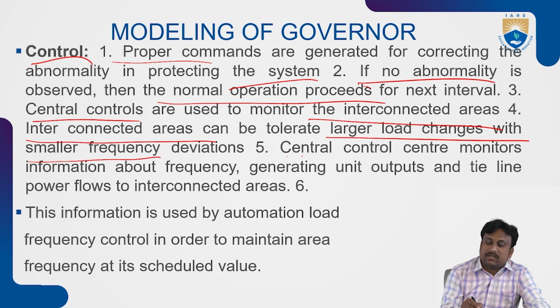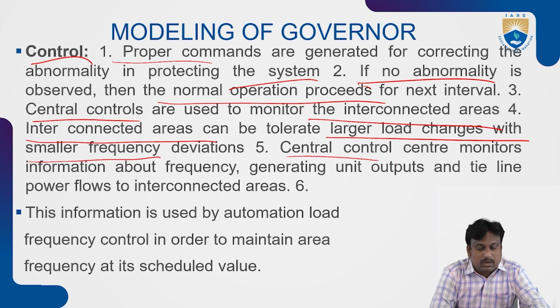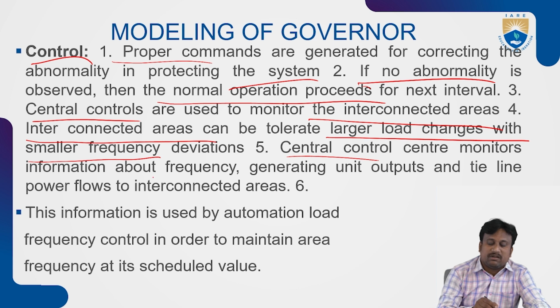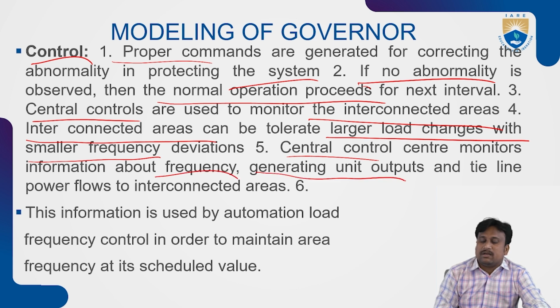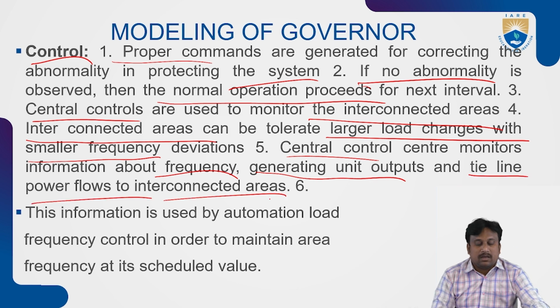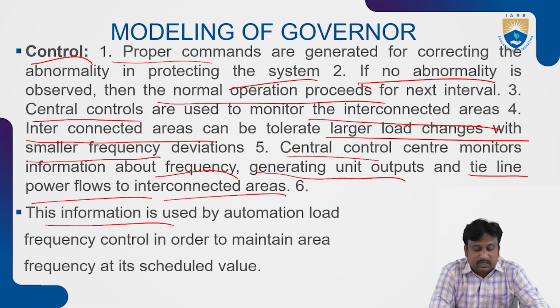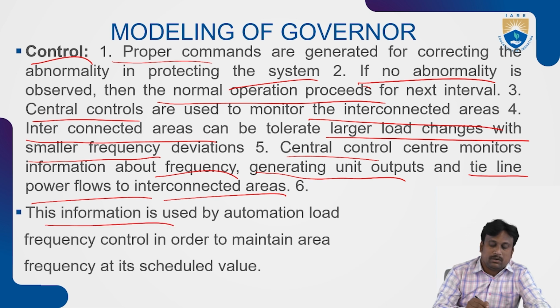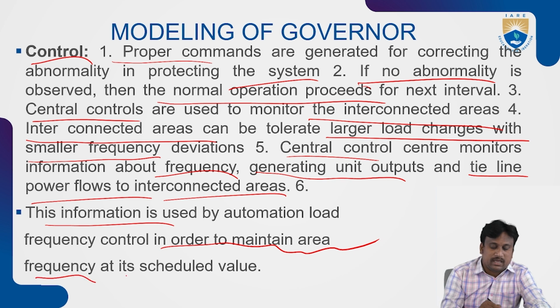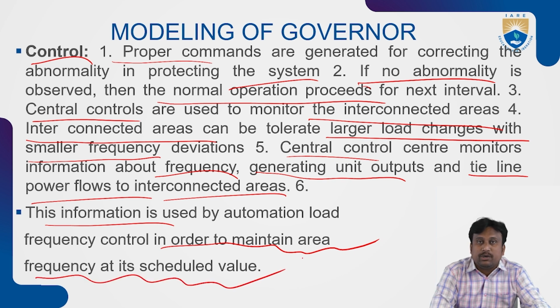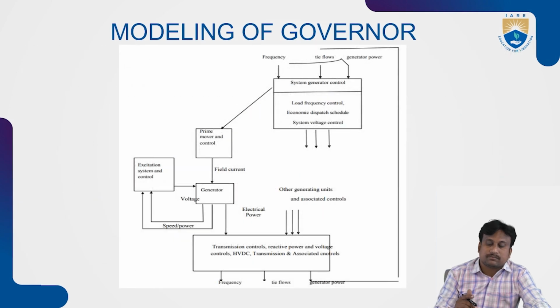The central control center monitors the information about the frequency and makes the generating unit outputs and tie line power flows to the interconnected areas. Similarly, this information is used by automatic load frequency control in order to maintain the area frequency at its scheduled value. That is how the control action works.